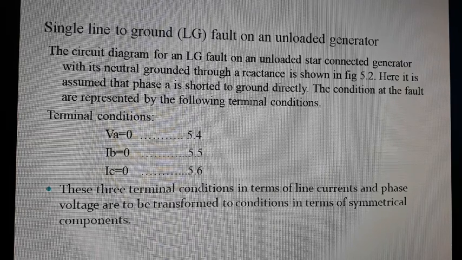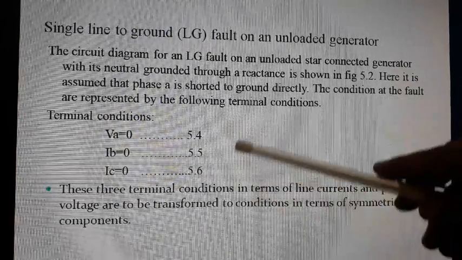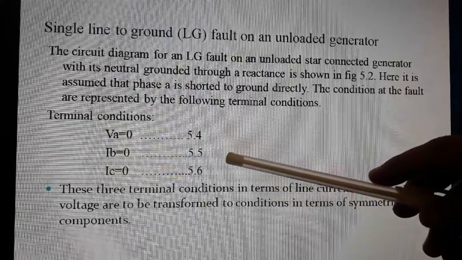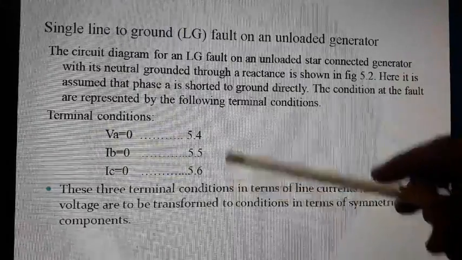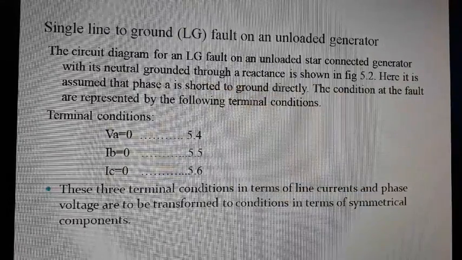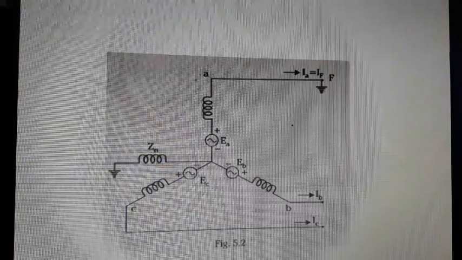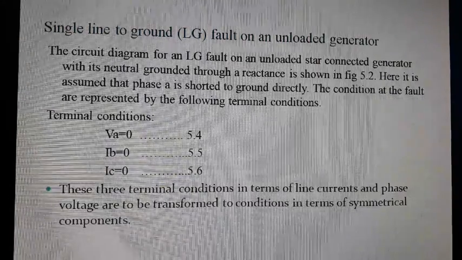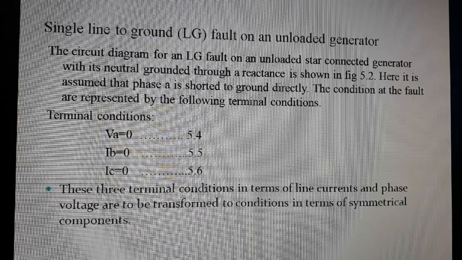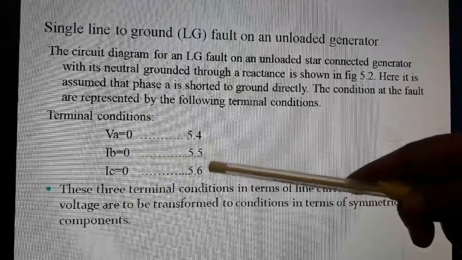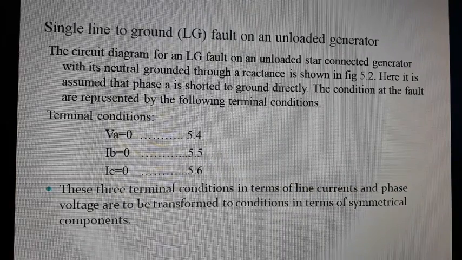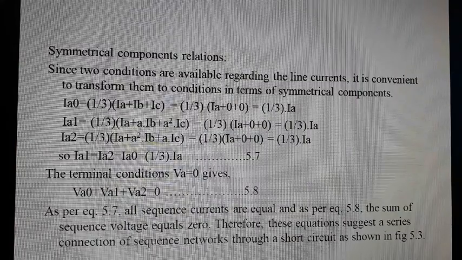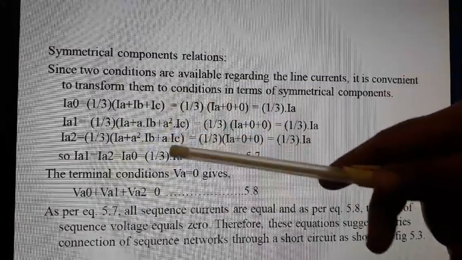You must always remember these terminal conditions: Va equals 0, Ib equals 0, Ic equals 0, if a single line to ground fault occurs at phase A. With IB and IC known, we can substitute in the symmetrical component relations and write Ia0, Ia1 and Ia2.